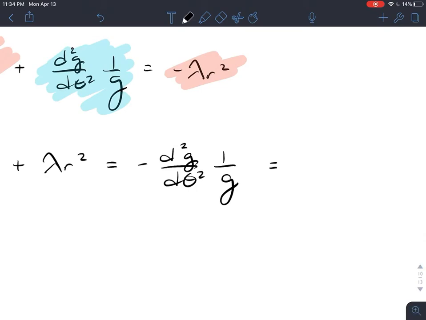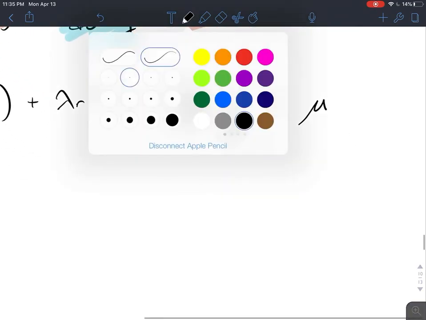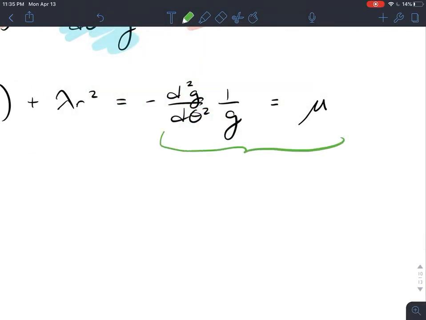So let's choose our separation constant to be mu now instead of lambda, because this is an entirely different set of separation equations, such that when we solve out the equation on the right hand side, we'll get a solution for g of theta as a linear combination of sine and cosines, but we'll do that later.